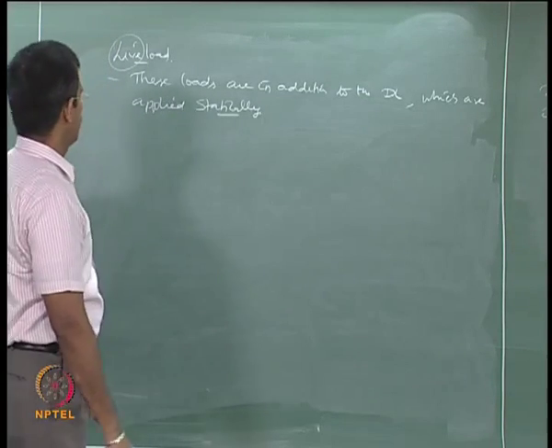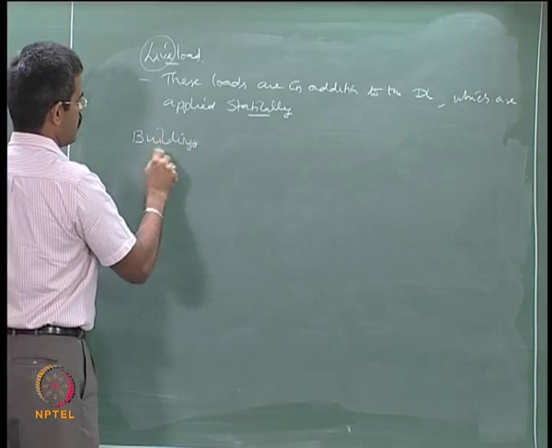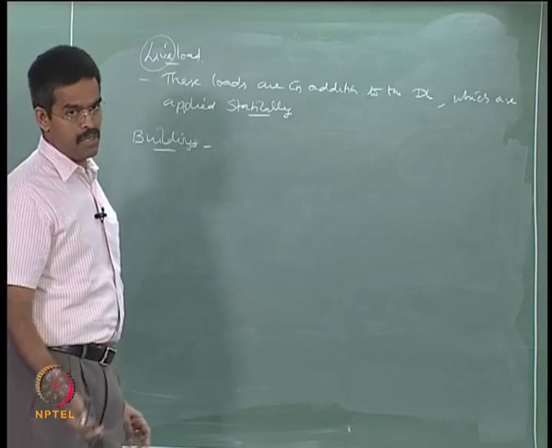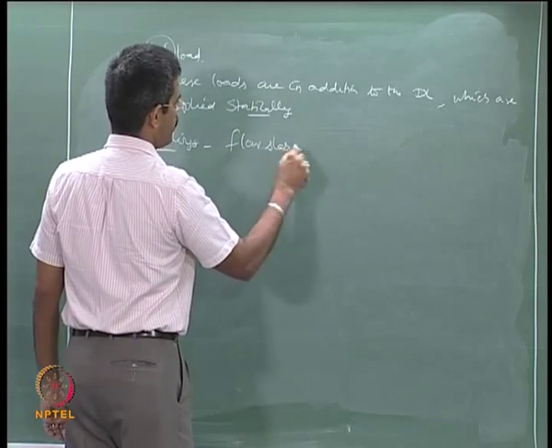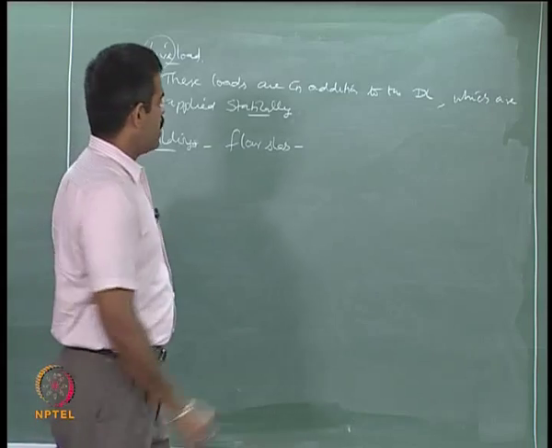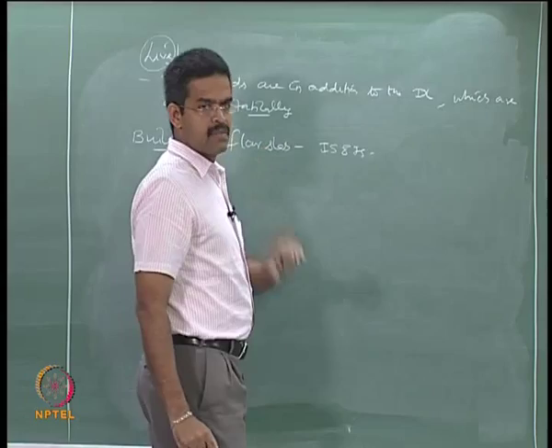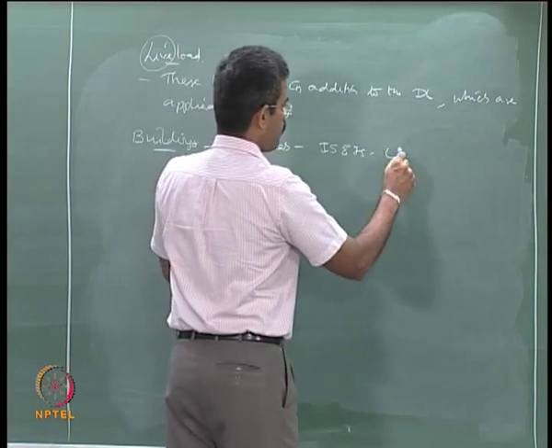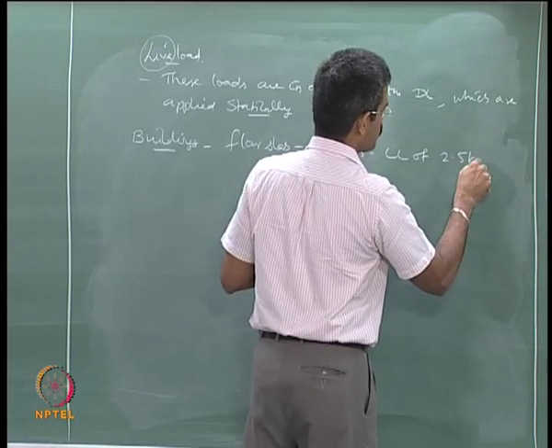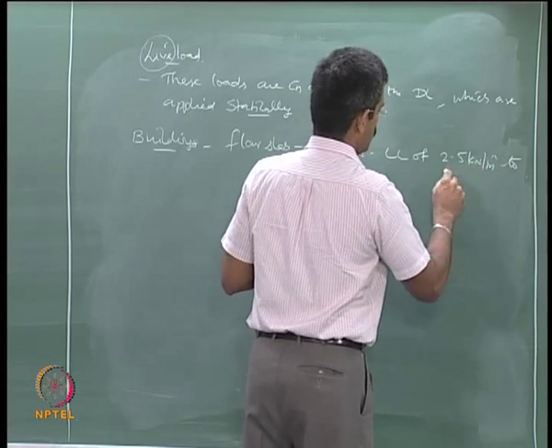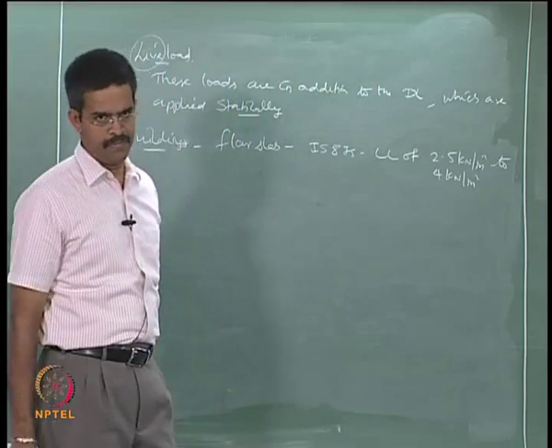For example, for buildings, just for understanding of the viewers, when you design a building, let us take a component of a building, let us say a floor slab. IS 875, the loading code, advises a live load of 2.5 kilonewton per square meter to 4 kilonewton per square meter depending upon the choice of the designer.